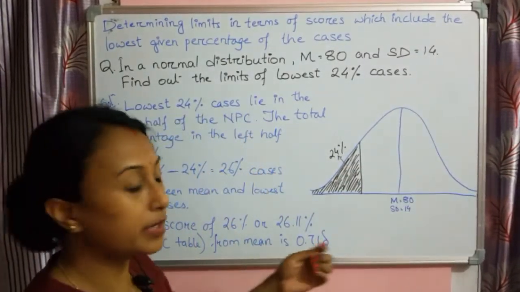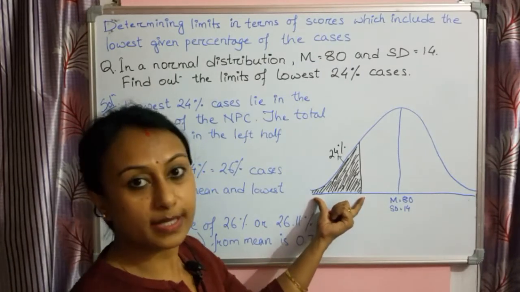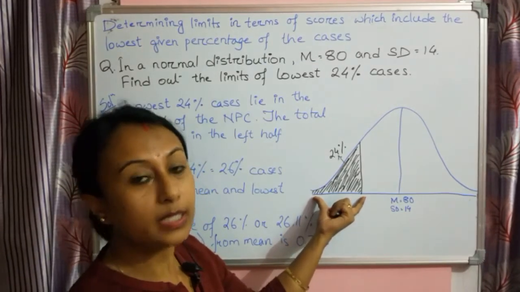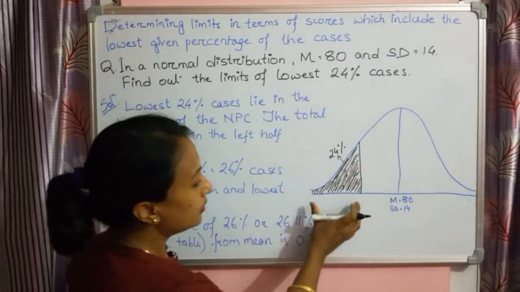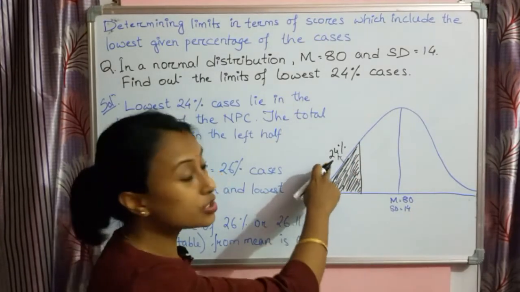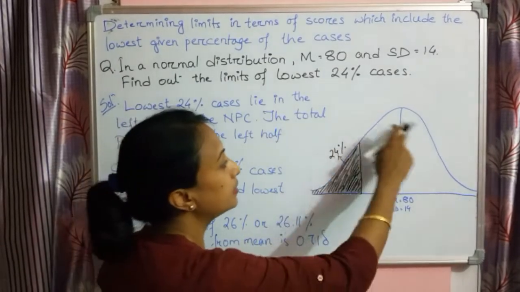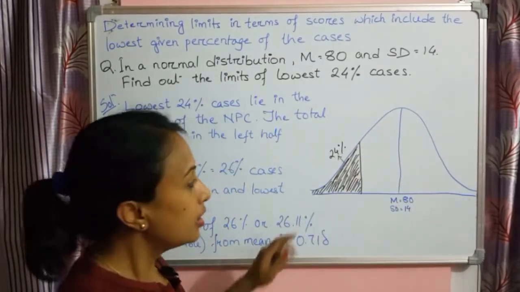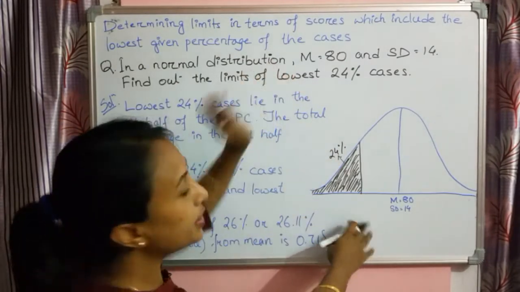So when we have to place the lowest 24% cases, we do it on the left side of the NPC. This portion demarks the lowest 24% of the cases under this NPC. So this is the NPC depicting the question.